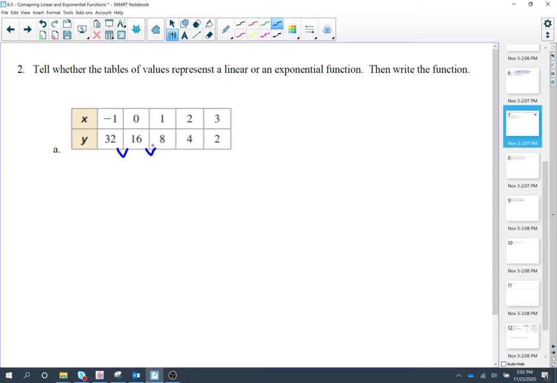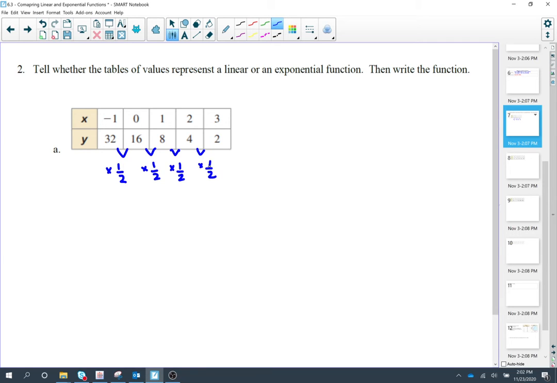So then I'm going to go, well, maybe it's exponential, so maybe I have a common ratio. Common ratio means I'm multiplying by something. Well, 32 to 16, I'd have to multiply by 1/2. 16 to 8, multiply by 1/2. 8 to 4, multiply by 1/2. 4 to 2, multiply by 1/2.